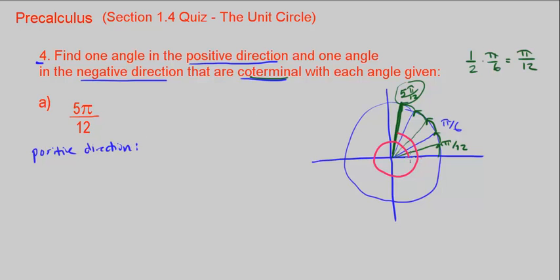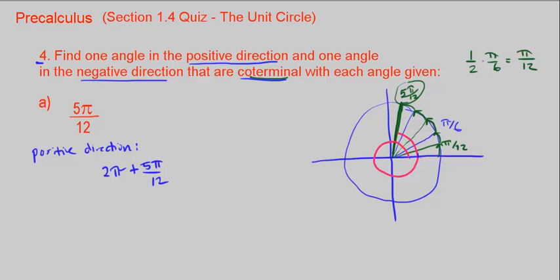Starting at 0, we go around the whole circle, which is 2 pi radians, all the way to here, and then a little more to 5 pi over 12. So we add 5 pi over 12 to the whole circle revolution.